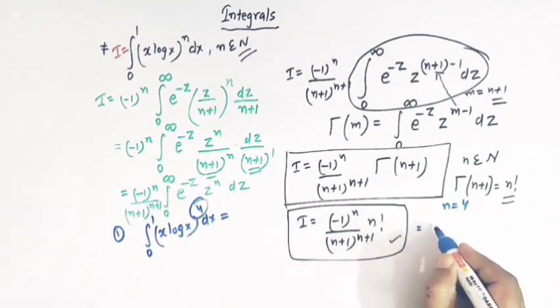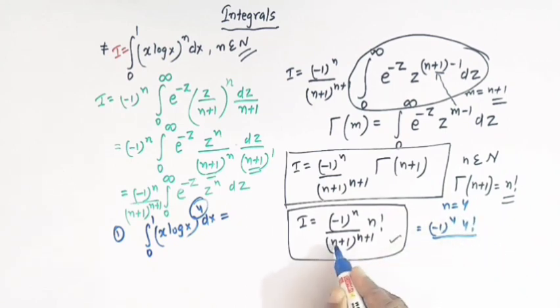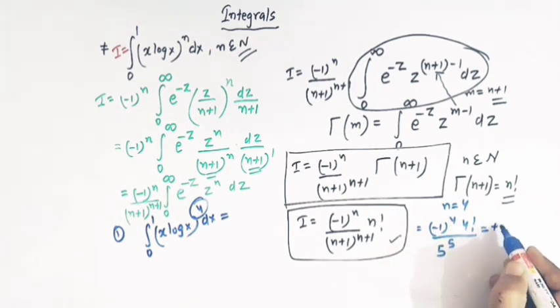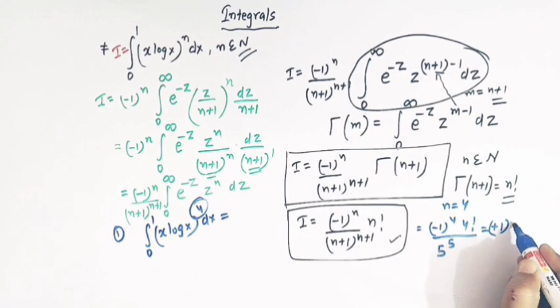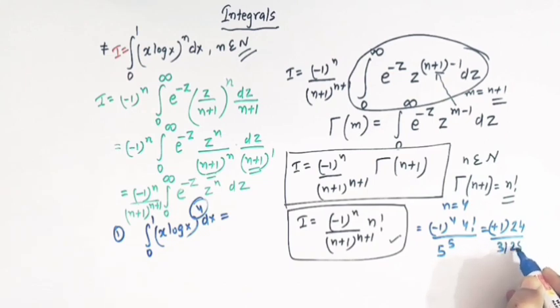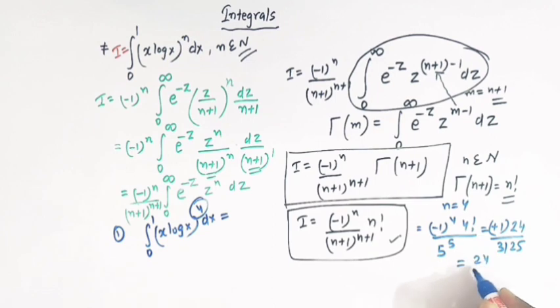So we have minus 1 raised to 4, 4 factorial, over 4 plus 1, that is 5, raised to 5. Minus 1 raised to 4 is plus 1, 4 factorial is 24, and 5 raised to 5 is 3125. So the value of this integral is 24 divided by 3125.